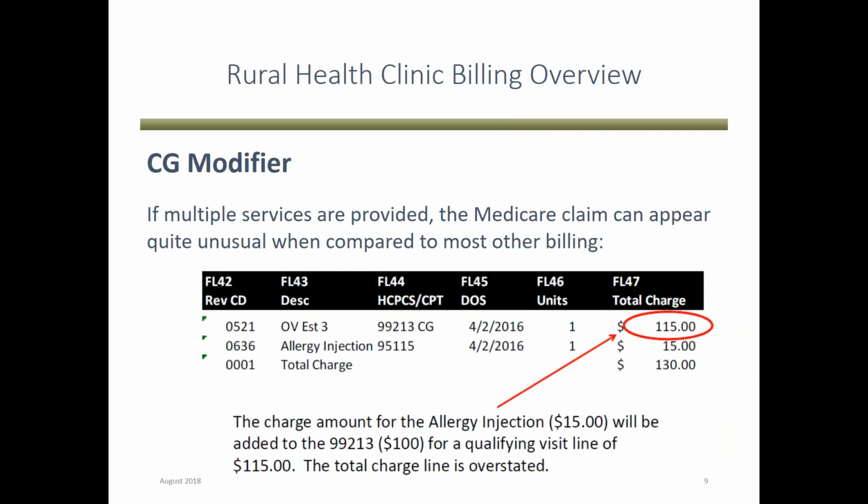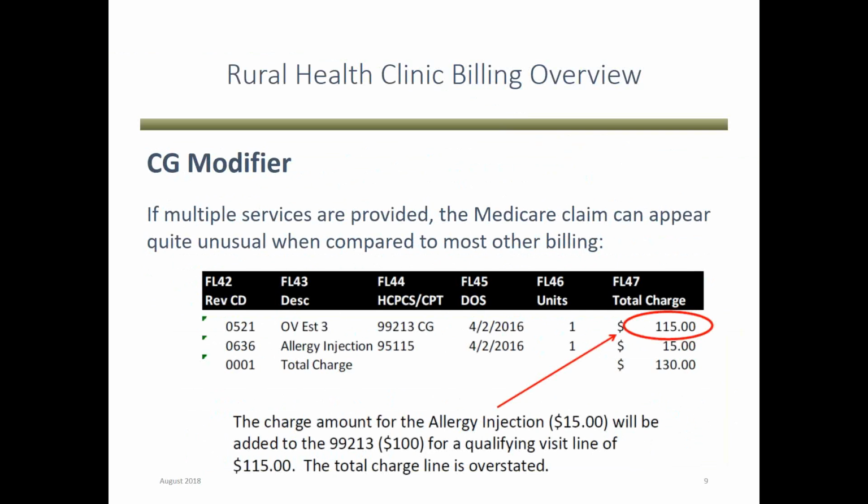The total charge on the claim form of $130 appears to be overstated. However, this is correct according to Medicare instructions, since the incidental charge needs to be combined on the CG line with the encounter charge of $100.